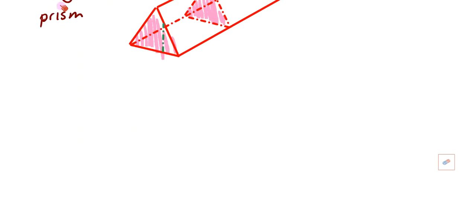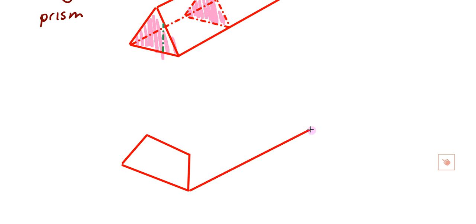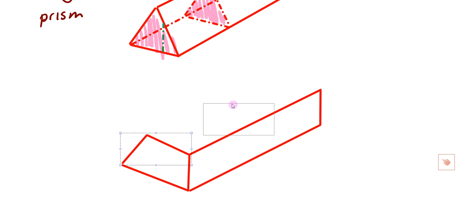We could have sort of a bar of gold, but not quite. It would be a trapezoid, yeah. Trapezoid, trapezium. We already know it's a trapezoid. So that's the 3D version.